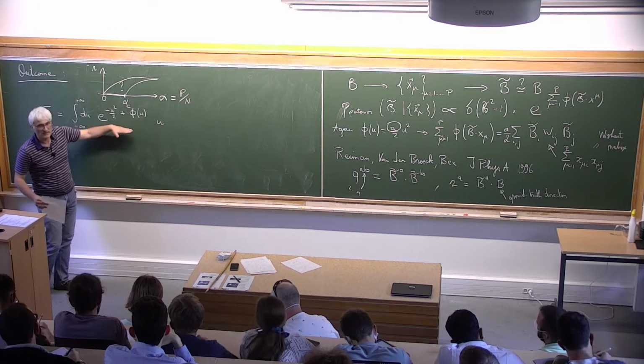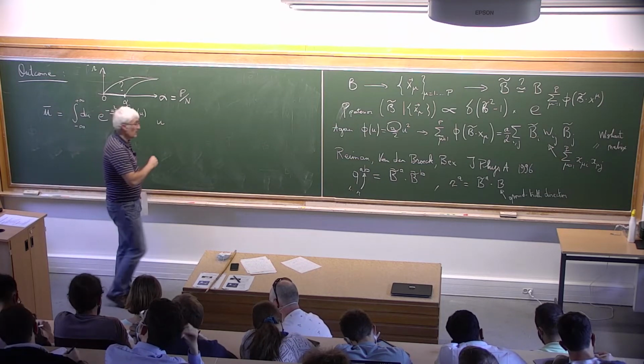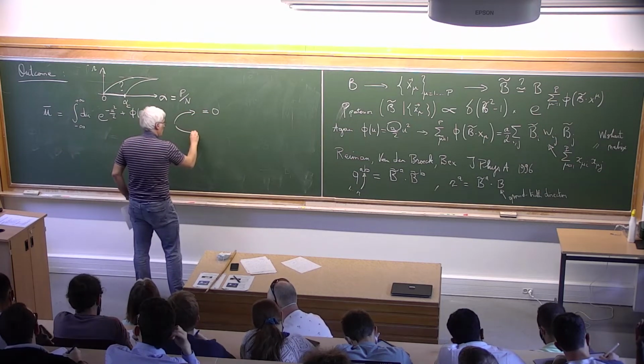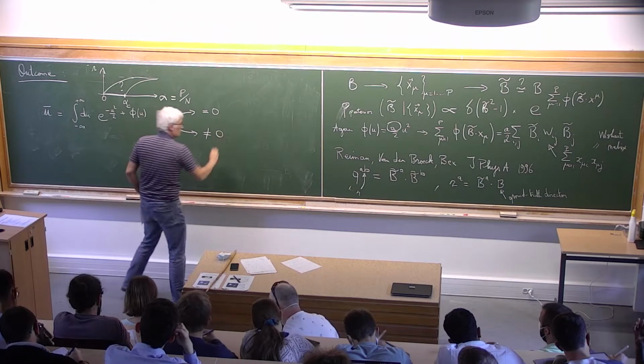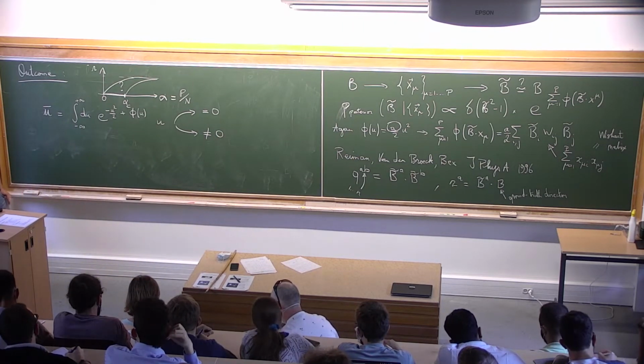I mean, we can normalize, but it doesn't matter very much. And there might be two different cases: either this quantity is equal to 0 or it's different from 0.